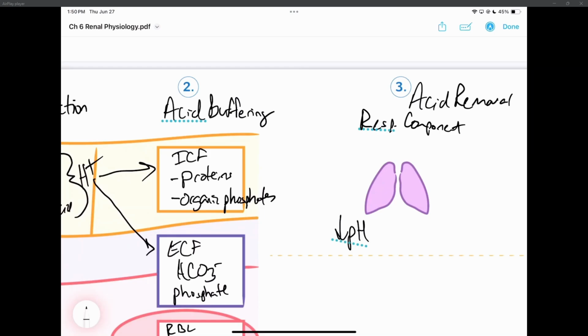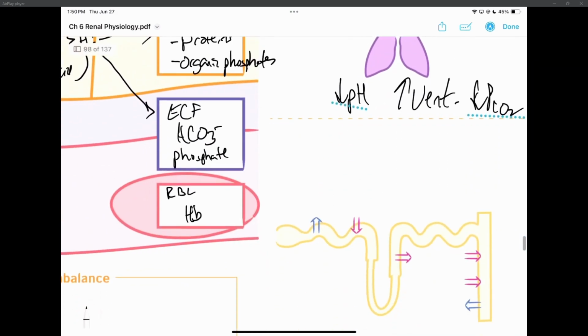Increases. Remember that graph we went through before? We don't like pH being low. We don't like acidity. We have to get rid of it. So low pH increases ventilation, which will eventually lower your PCO2. And that's how we can get rid of acids through the respiratory system. We can also get rid of acids renally.